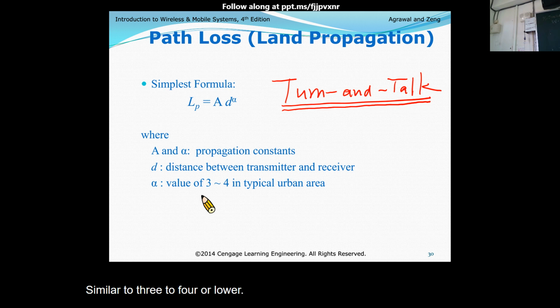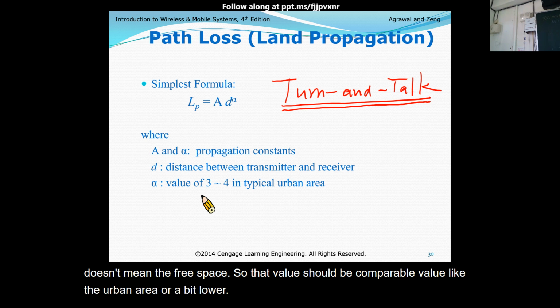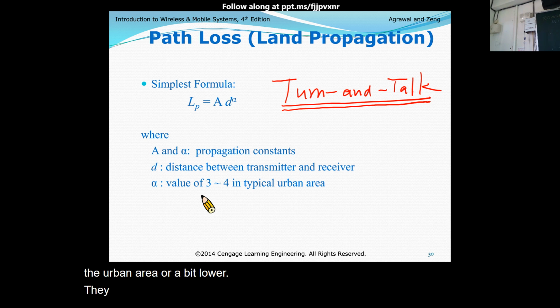Here it's an urban area, so suburban area doesn't mean free space. So that value should be comparable to the urban area or a bit lower. Try to guess. Comparable, lower, or maybe higher. Which one do you think?